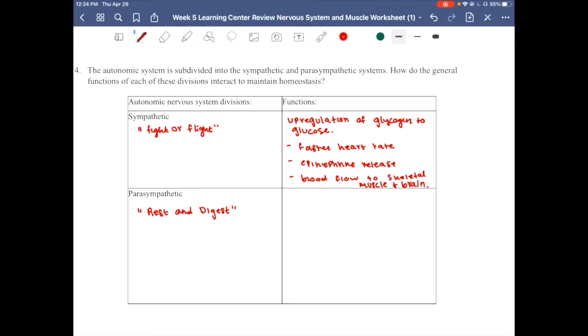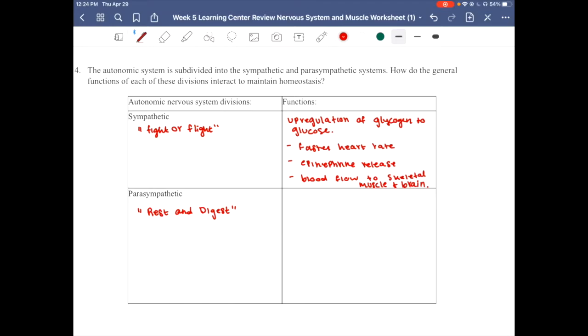Okay, so the next one, the parasympathetic, like I said, I like to think of this as the rest and digest because this is what's activated when you're relaxed after a meal, you're not in stress, you're not in any danger, basically calming activities. And here we're going to have reduced heart rate, low blood pressure, increased digestion, and more glycogen production, so turning glucose back into glycogen.